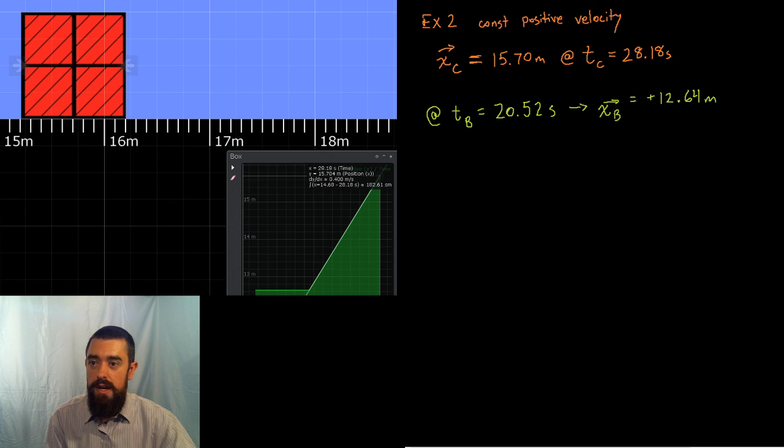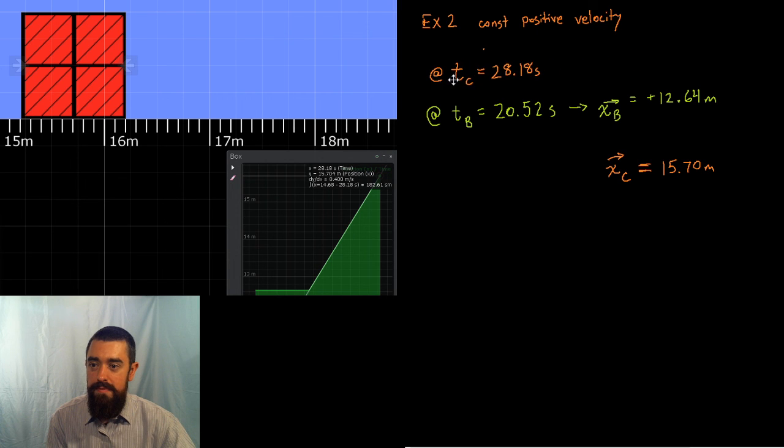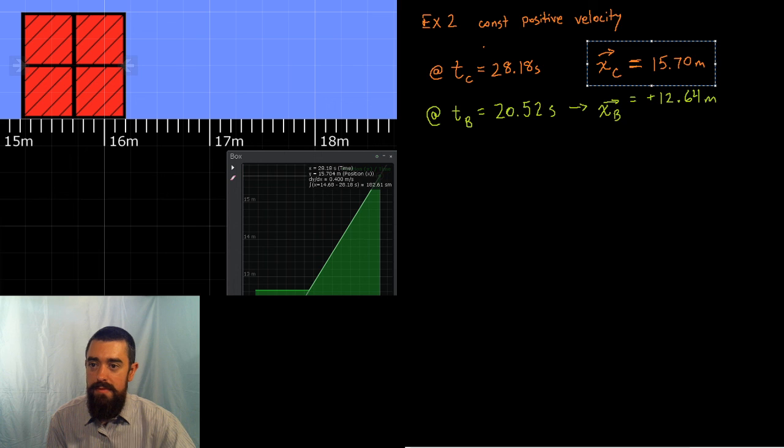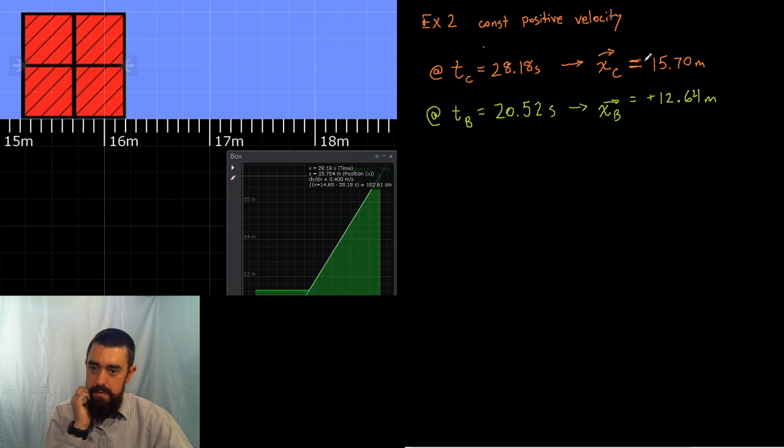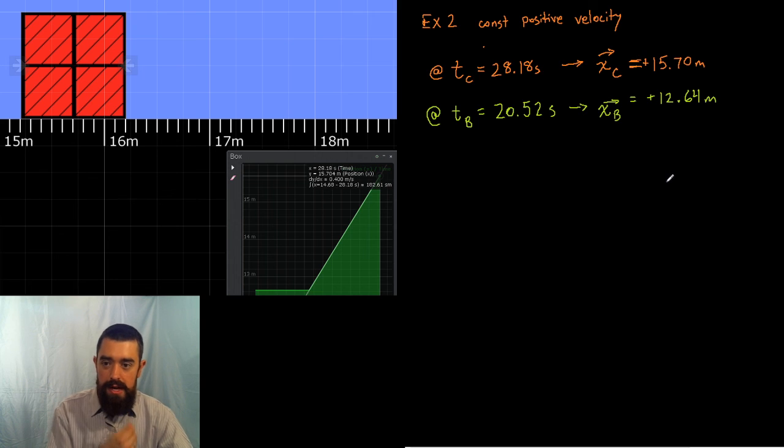And it looks like I just changed my naming methods, so let's make that consistent. So I'm just going to move this over here. Okay. Oops, let's put a little plus there. All right, so now we're looking at time B versus time C.